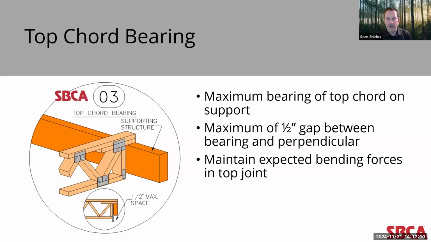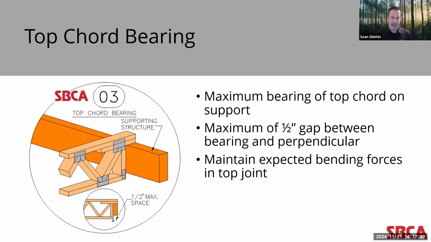Now, when the truss designer is designing a top chord bearing truss, they check for several forces: compression perpendicular to grain, bending, shear, rolling shear, and tension perpendicular to grain. Those checks are dependent on adequate bearing surface contact. So it's critical to maintain the expected bending forces in the top joint and not exceed that 1/2 inch gap.